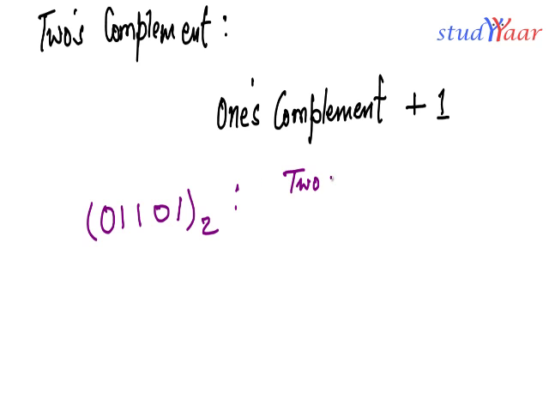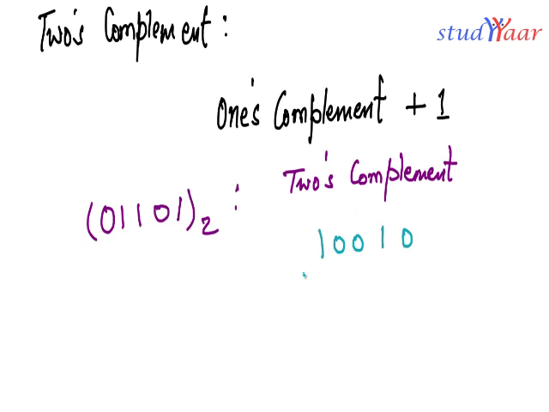First I'm going to find the ones complement, which is 10010. And to this I have to add 1.